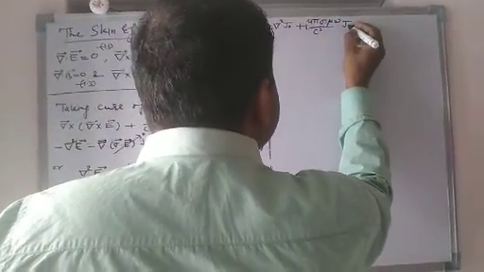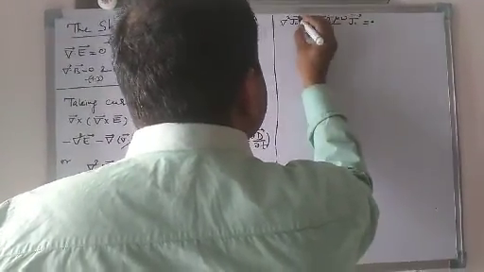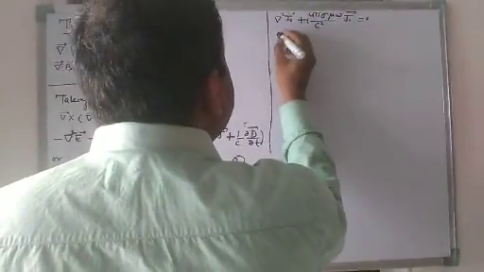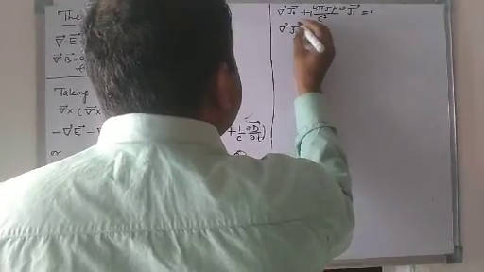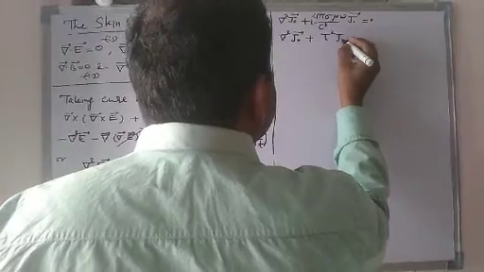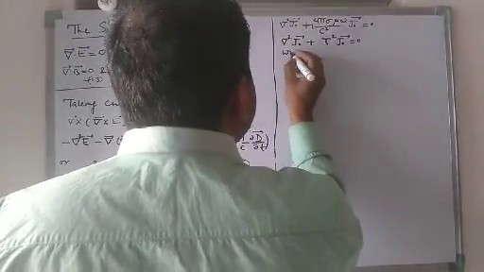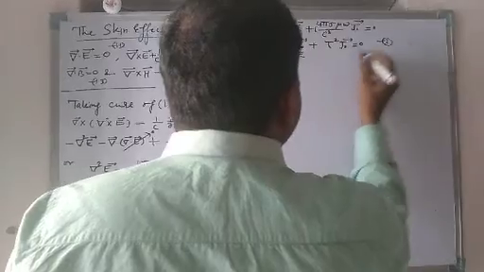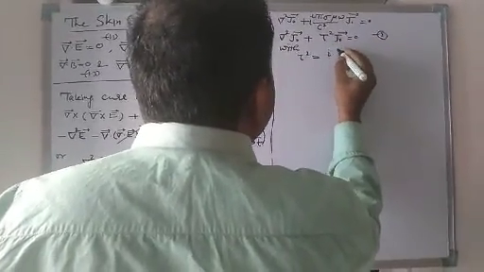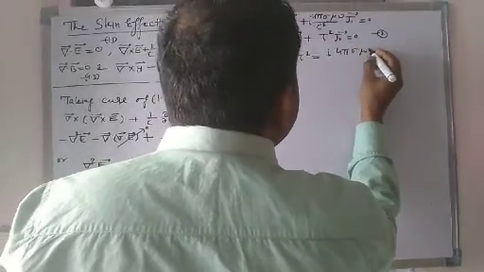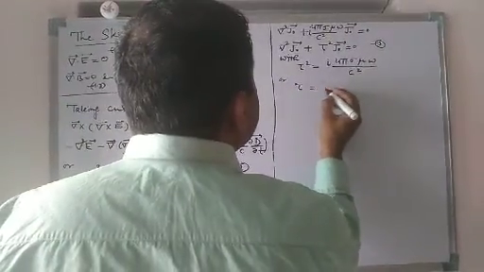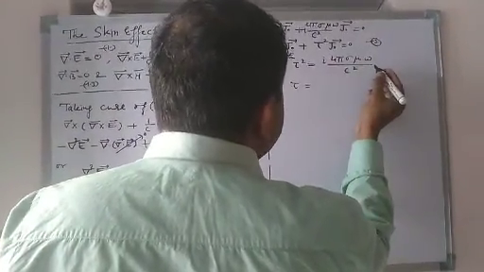Now we could replace this by something more interesting, which looks like tau squared J0. So this is my equation number 3. We had defined tau squared to be i 4 pi sigma mu omega by c squared, or tau is going to be the square root of this whole quantity.